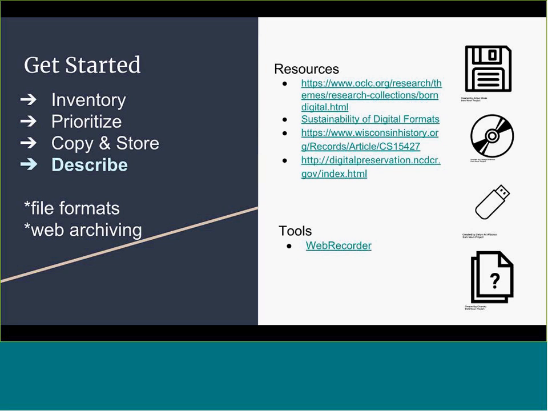And on this slide, I've also linked to two other resources that I really like. There are lots of others out there, but the Wisconsin Historical Society and the NCDCR here in North Carolina have created digital preservation guidance sites. Both of these sites have really specific information about file formats and recommendations about what to use, and are nice resources that I wanted to point out to you all.